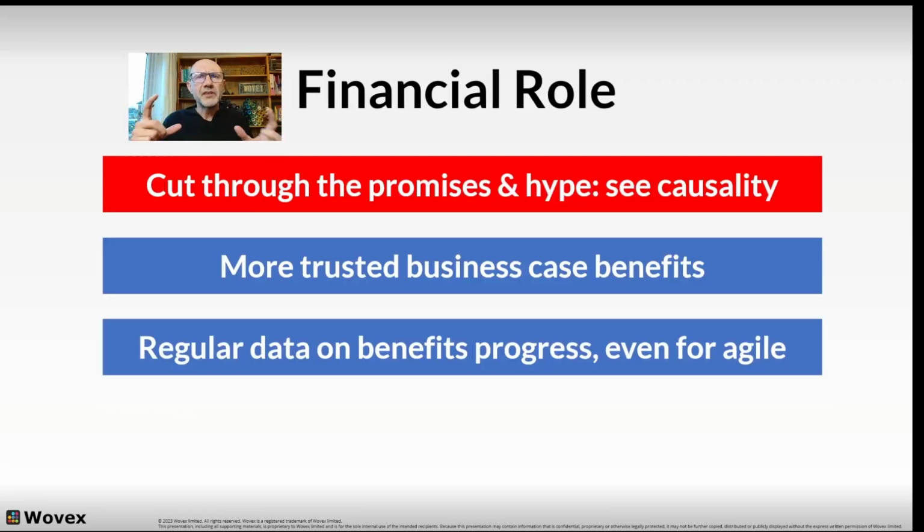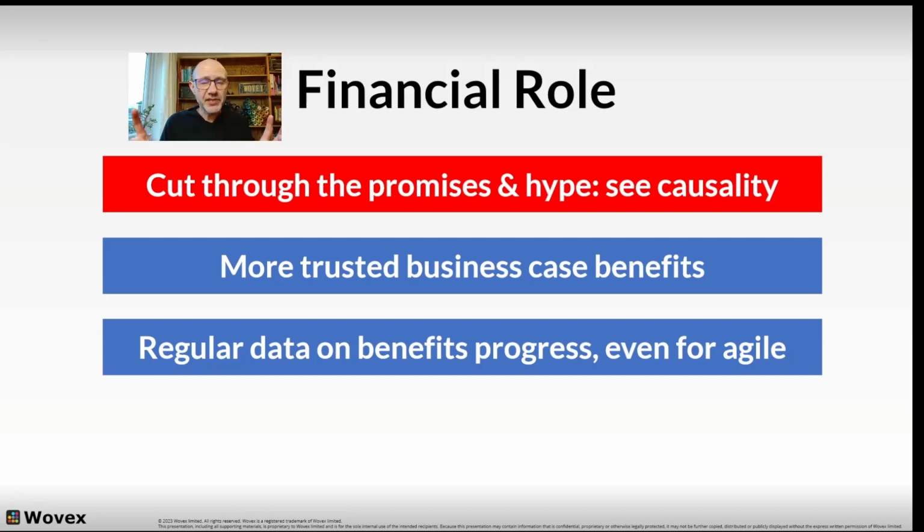So one of the things we get is often for things like agile or for areas which are non-financial, because there's such an understanding of the finances in most organisations, people can have a bit of a challenge in seeing the value. So one of the things it can do is financial promises. It can cut through the hype because you can see the causality. Show me on those maps how what we need to invest in will cause that and how we're going to measure it.